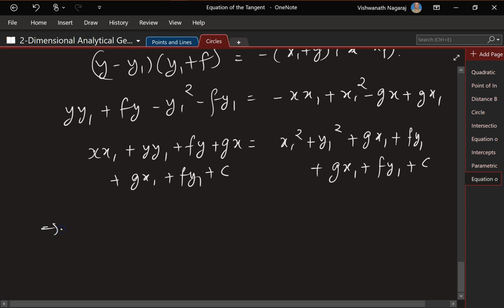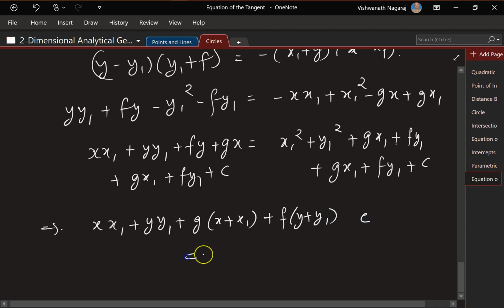So when we do that, what happens? Let's take out common. So this becomes x1 plus y1 plus gx plus x1 plus fy plus y1 plus c is equal to, now on this side it becomes a circle, the equation of circle.